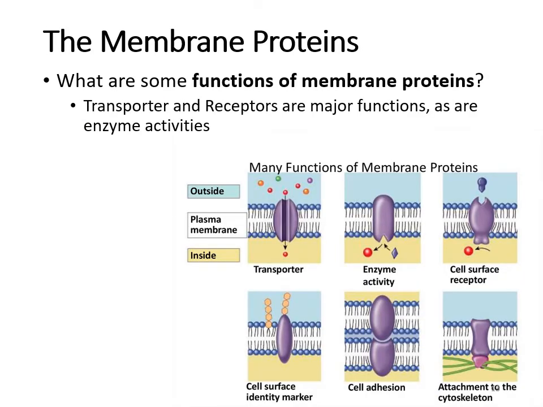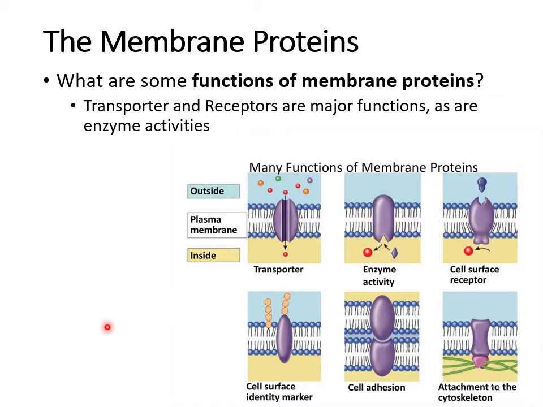Now, when we teach about proteins, I usually in my other classes refer to them as basically rock stars. They're the type of biomolecule that has a ton of different functions. And even in their role as membrane proteins, they're not just doing one thing. Membrane proteins can have a lot of different functions, and I love this figure because it really captures a lot of the most significant functions.